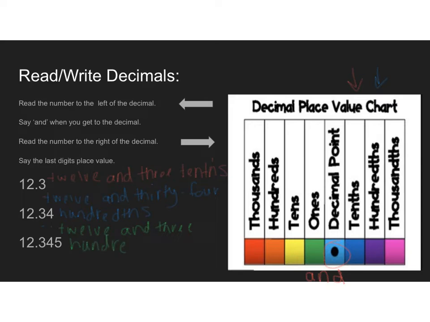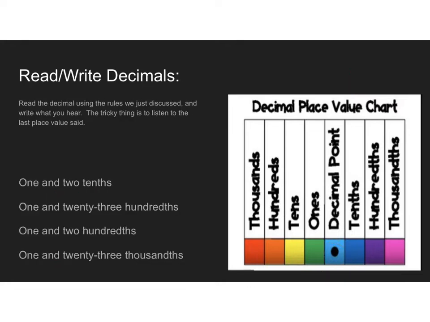A lot of us like to say "three hundred and forty-five," but you don't actually put an "and" there. It's just the numbers you see, so 345. And then it's 3 numbers after the decimal, and we can see 3 places after the decimal is called the thousandths. So I'd write thousandths. So this is 12 and 345 thousandths.